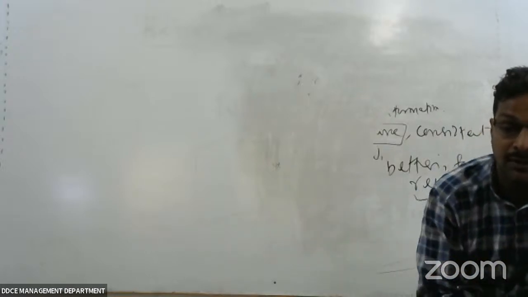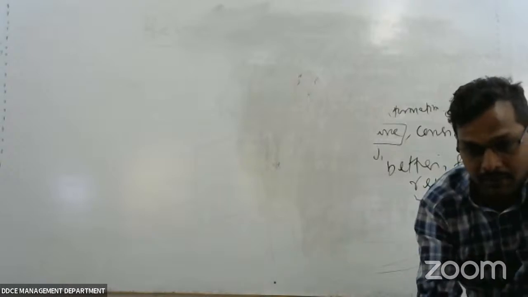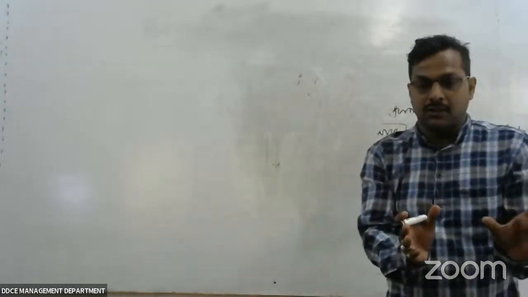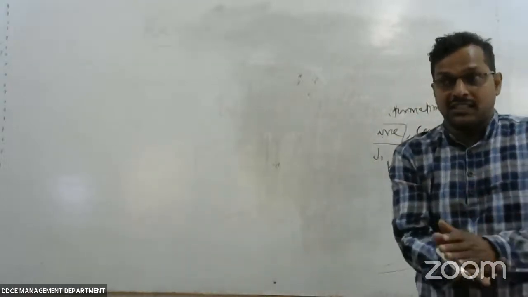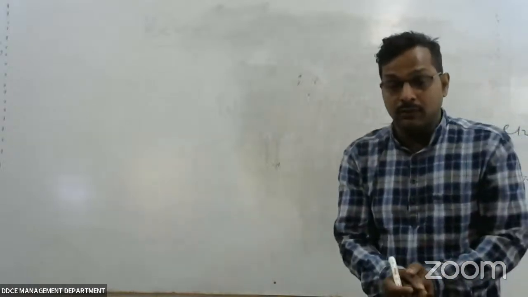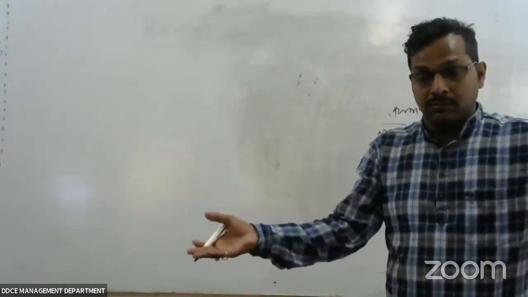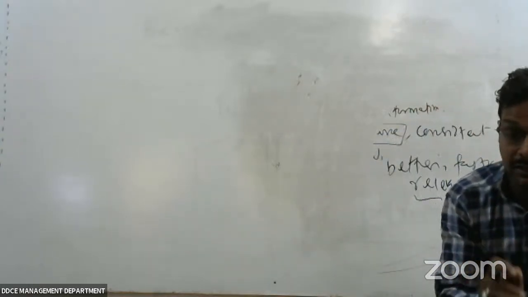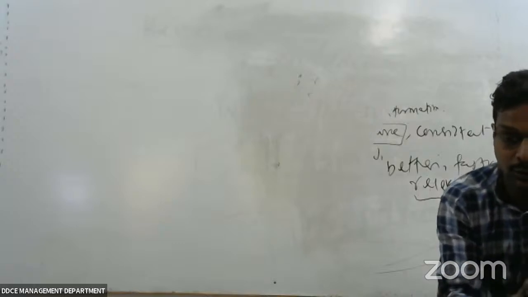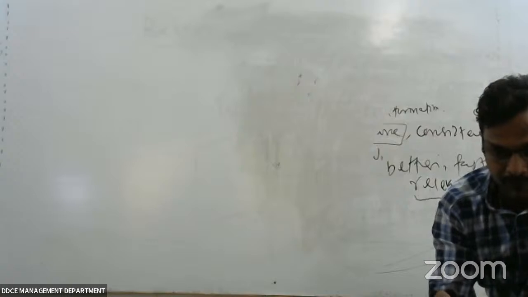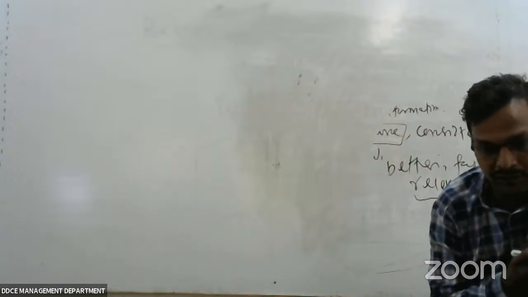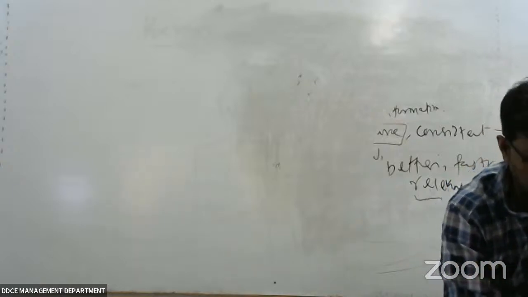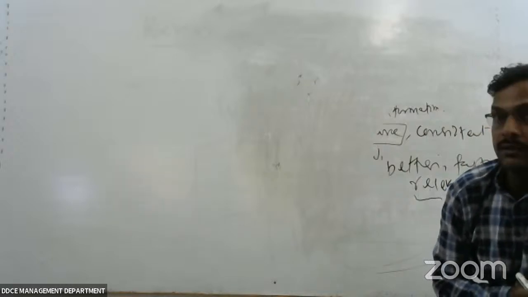Because different types of data will come, different types of behavioral properties will come. When we are testing a developed system, we are testing with very few test cases. But in practice, when we operate it, there are a large number of cases. Suppose when a banking system is developed, they have taken 5 cases.